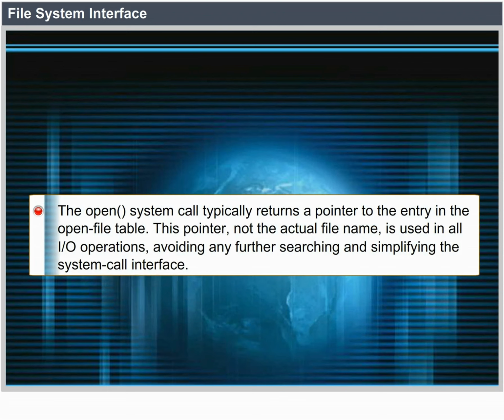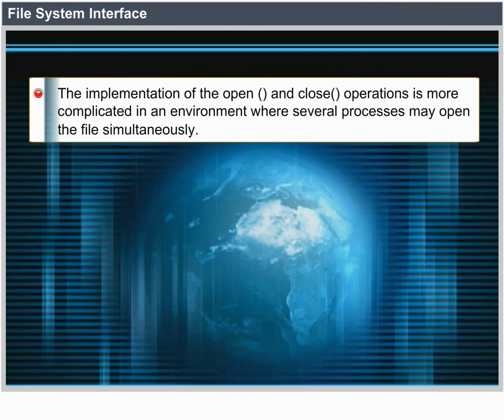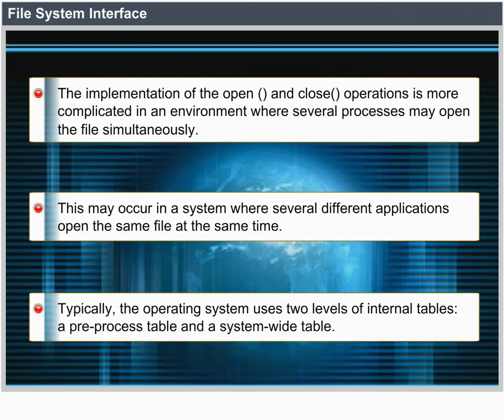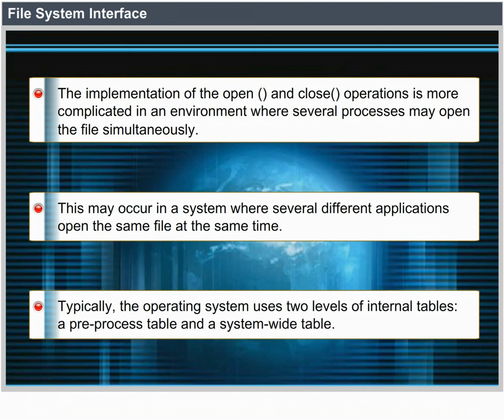The implementation of the open function and close function operations is more complicated in an environment where several processes may open the file simultaneously. This may occur in a system where several different applications open the same file at the same time. Typically, the operating system uses two levels of internal tables: a per-process table and a system-wide table.